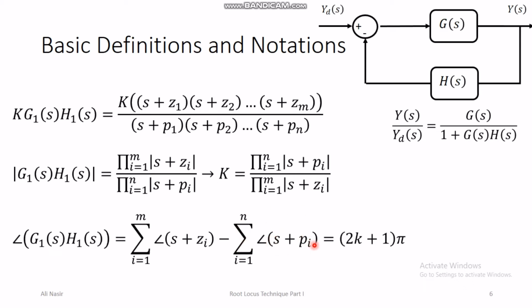So this angle is 2k plus 1 pi from the angle condition on the previous slide. And next we look into a little bit more detail of this angle condition. What is the practical meaning of this angle condition?